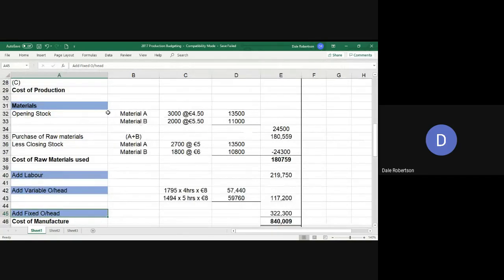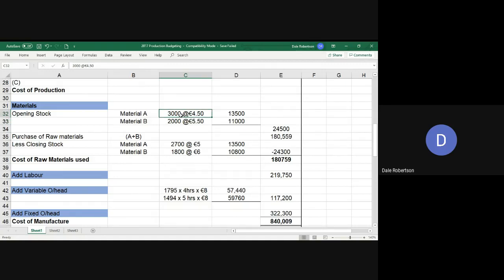Okay, so with our materials now, we're going to have to do opening stock plus purchases, take away closing stock, because this is a cost of sales situation now. So given in the question, material A, you're told that your opening stock is 3,000 kilos at €4.50. And you're told that your opening stock of material B is 2,000 at €5.50.